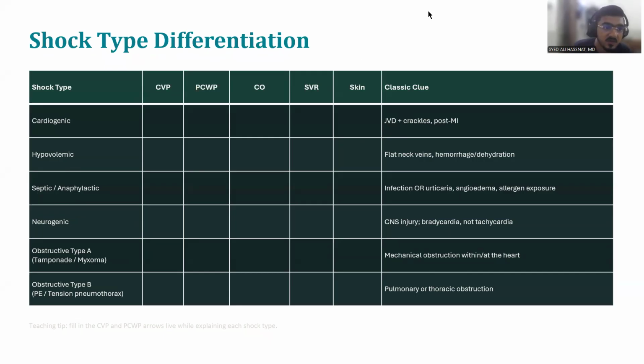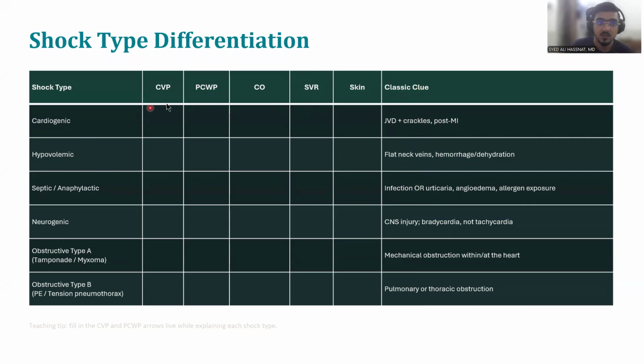These are some of the values: central venous pressure, pulmonary capillary wedge pressure, cardiac output, TPR (total peripheral resistance) or SVR (systemic vascular resistance), skin changes, and some classical clues of each shock. I know the time is exceeding, but this is a very crucial topic, and I want you all to learn this once and for all, and you won't need any further revision of this topic after listening to this, inshallah.